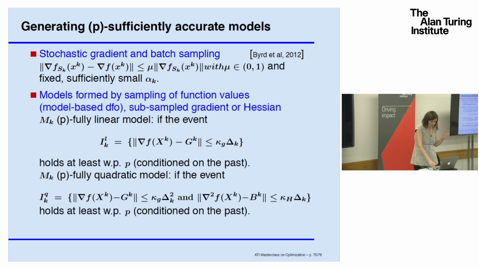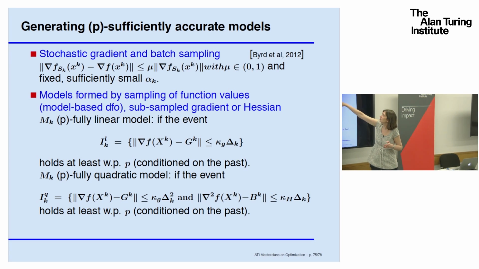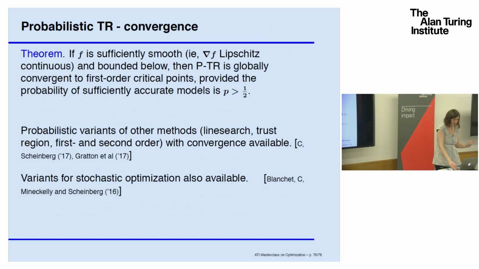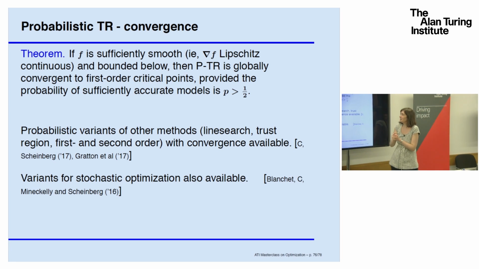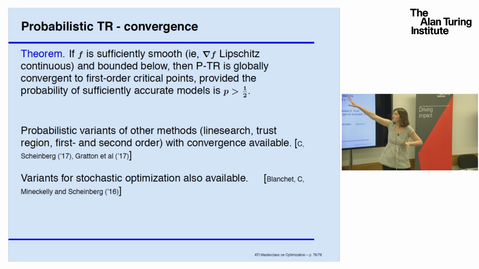So you can fit this sampling in here. You can do second order. You can do batch-like methods. You can fit this kind of framework into this generic framework of probabilistic models. The kind of thing we can prove is, under the same conditions as before, that the gradient of f is Lipschitz.